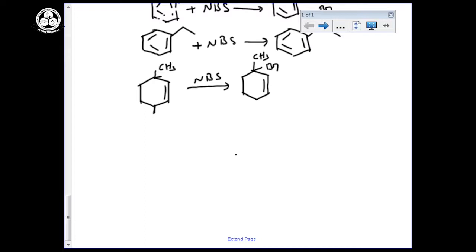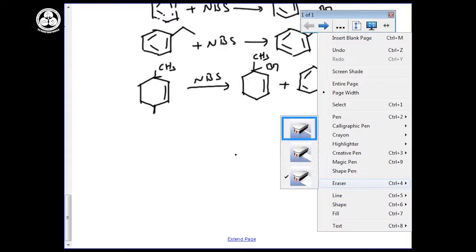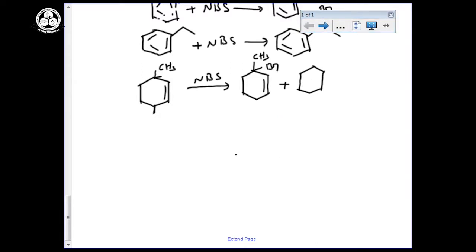Suppose I consider the alpha carbon here, now this is the answer. There is a chance to get one more also. So what is that one? You can see.